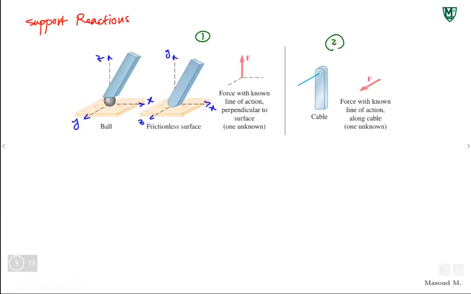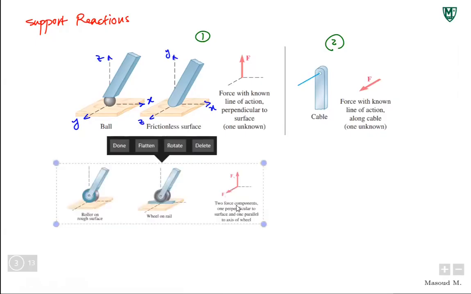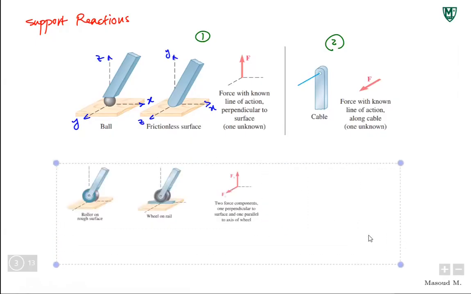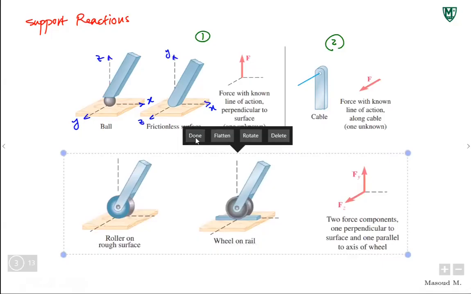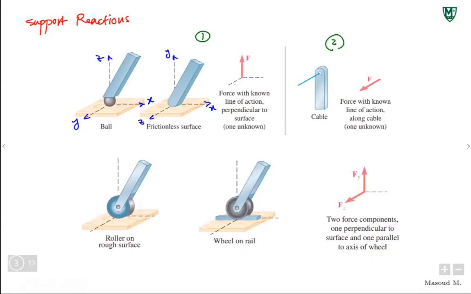All right. Let's make it a little more complicated. Let me see, there are more supports. So let's look at this type of support. I'll call this 3. Now, this type of support, you have a roller on a rough surface. Rough surface means there is friction.